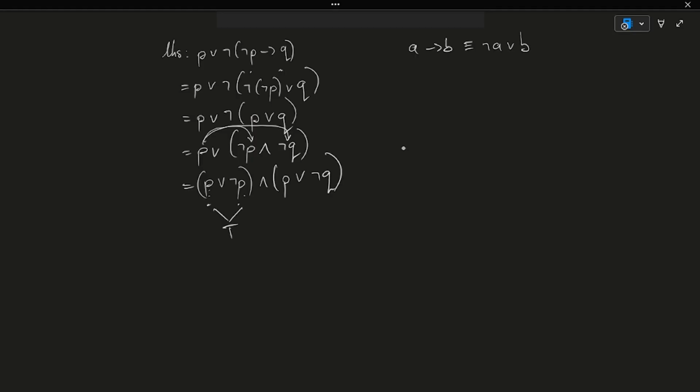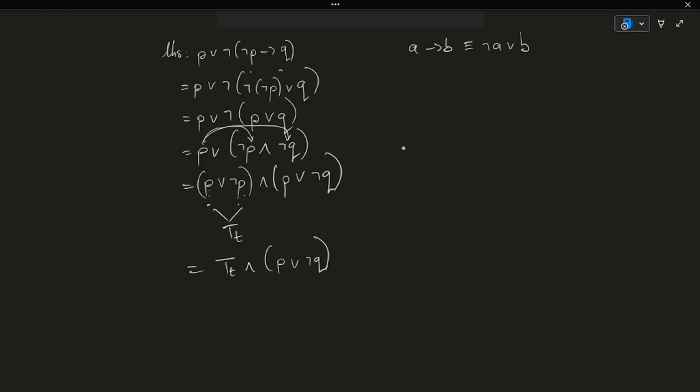So this is what we call a tautology, and we're going to replace a tautology with a T, which stands for a tautology that returns true for all truth values. So that's why it's a T. That this is a tautology, and therefore we can replace it with that and say T and P or not Q. Right.